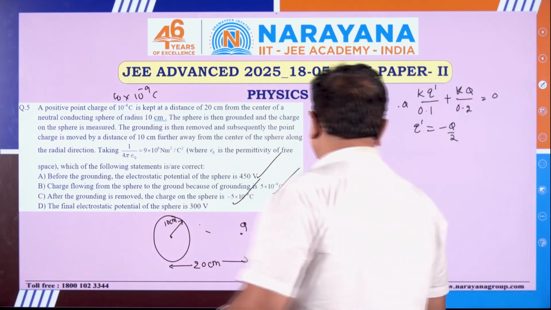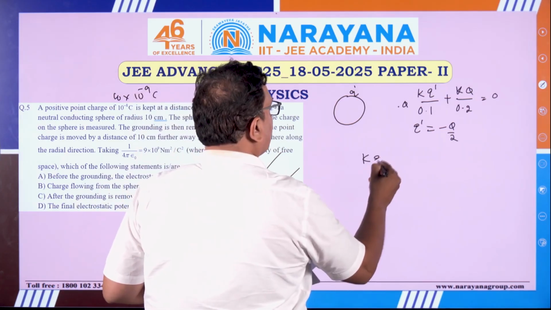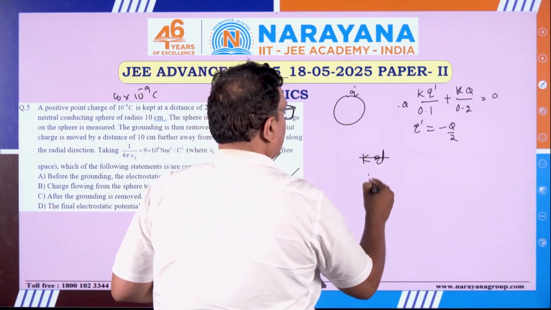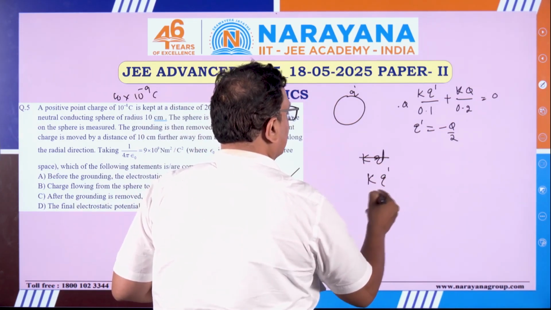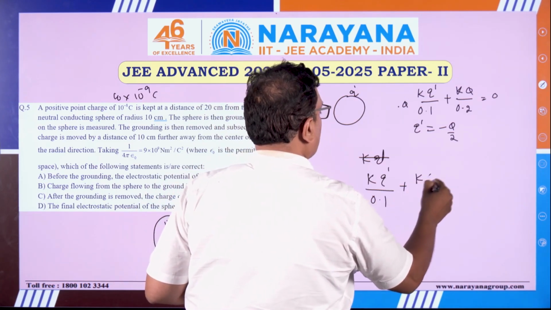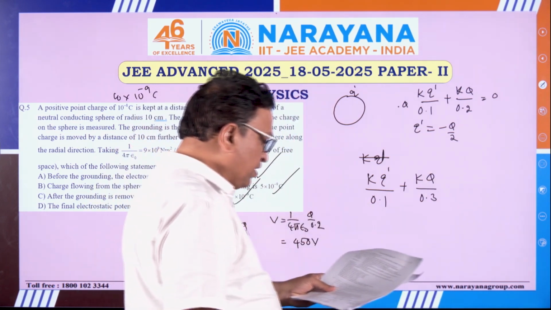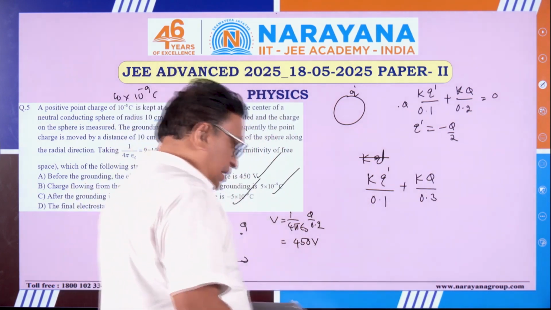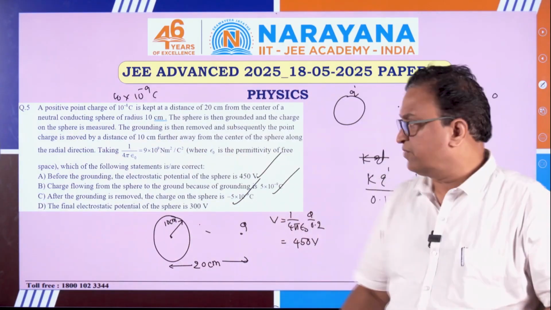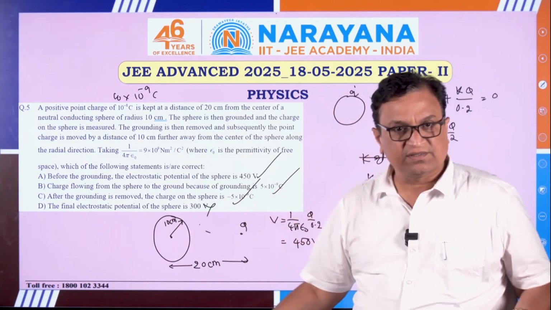Now at the center, you will have kq dash by 0.1 plus kq by 0.3. This you need to calculate. I have done that calculation. I got around minus 150, which is nowhere matching with this.